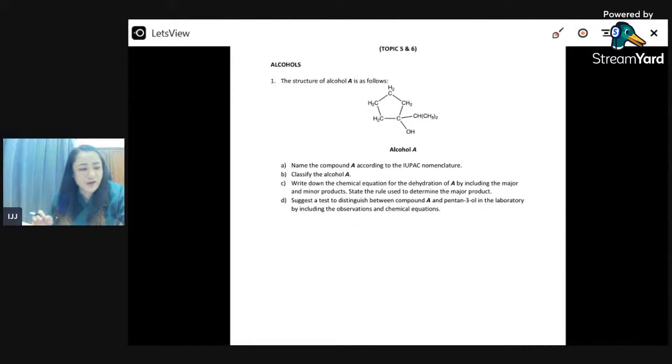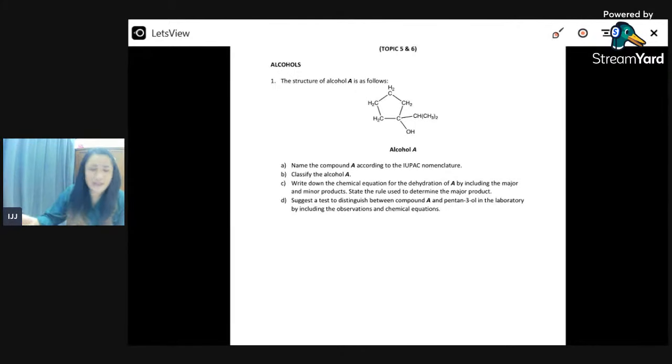Given alcohol A, you need to name compound A according to the IUPAC nomenclature. When you want to name your compound, first you need to identify the parent chain. If you look at structure A, this is actually a cyclic compound with 5 carbons.